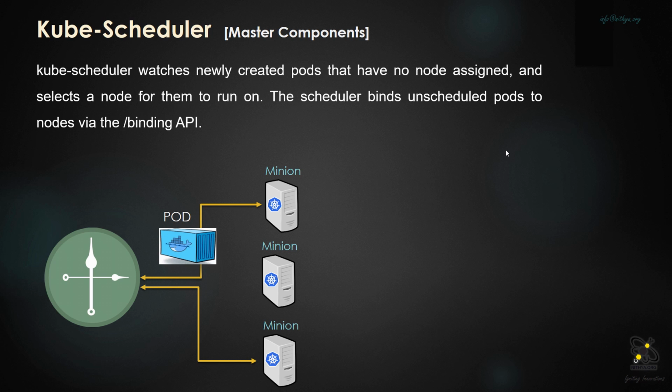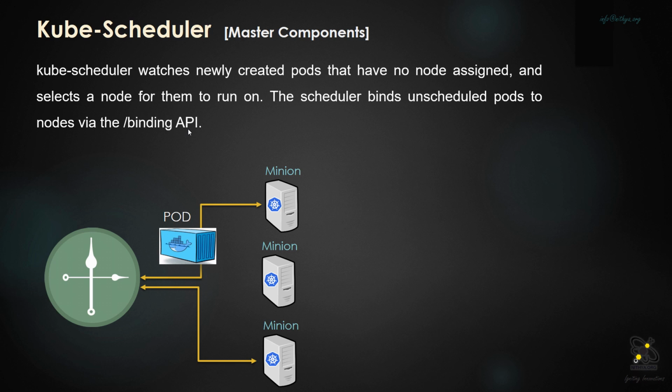Everything will be taken care of by the kube-scheduler. It watches newly created pods that have no node assigned and selects a node for them to run on. The scheduler binds unscheduled pods to nodes via the binding API.